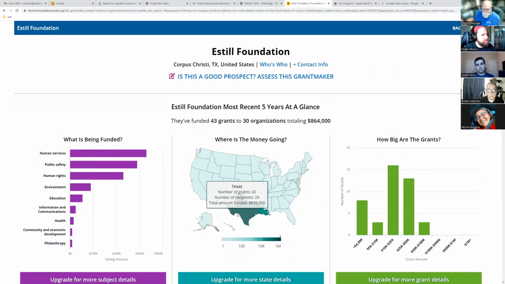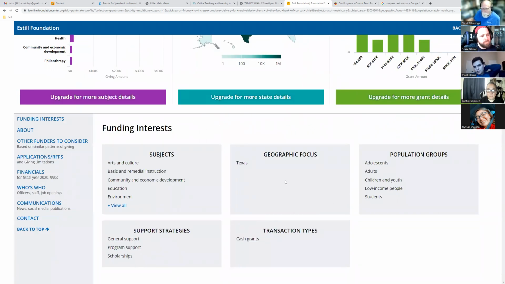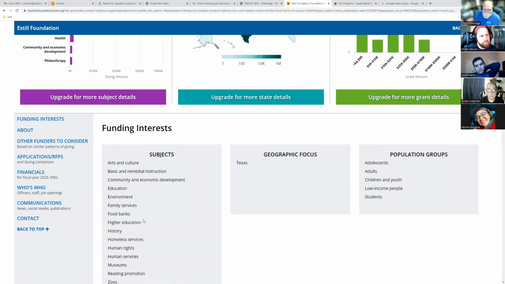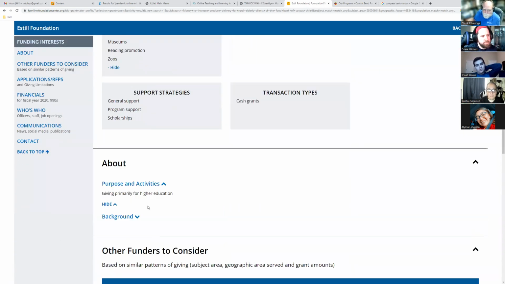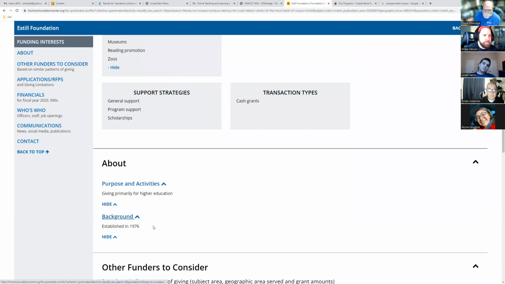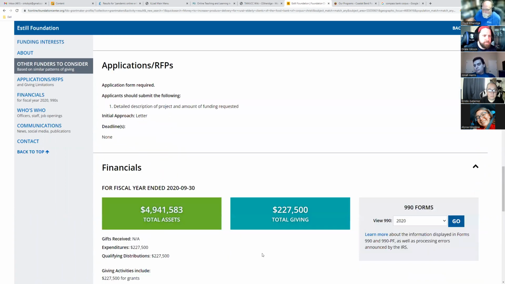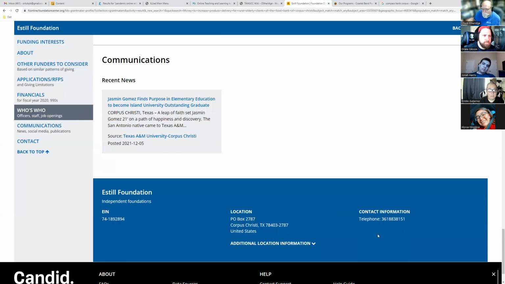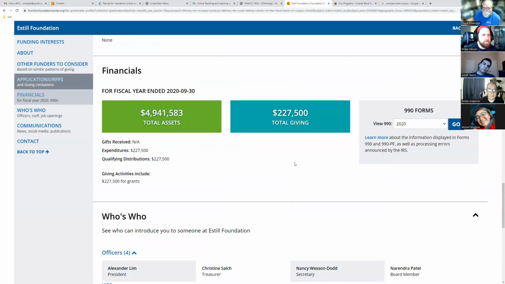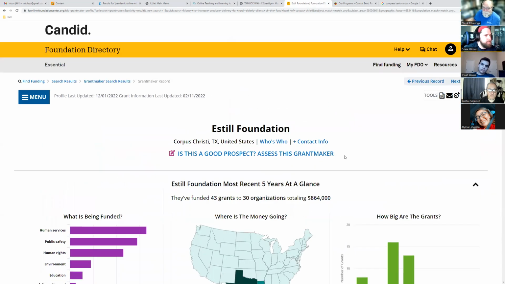Human services, almost all in Texas, lots of $5,000 grants, low income people, food banks, human services, primarily for higher education, but the other categories. Application form required. You send them a letter, but you need the application. So you would have to call them and say, hey, how do we get an application? But I think it's worth a shot.